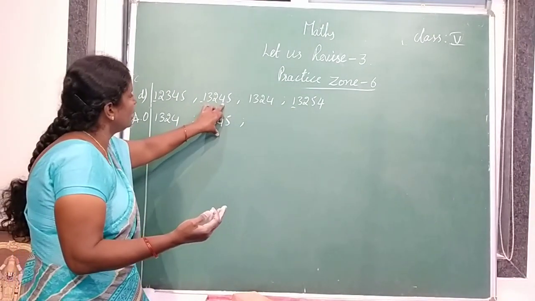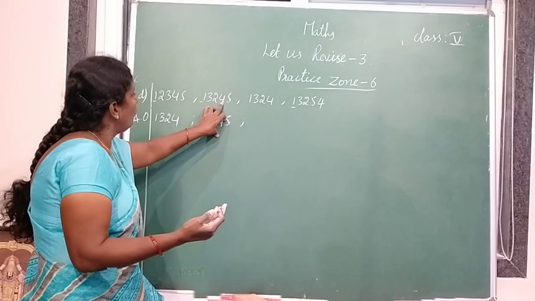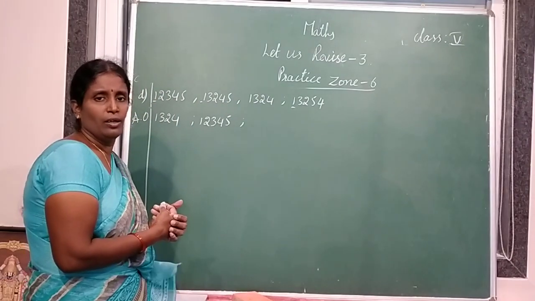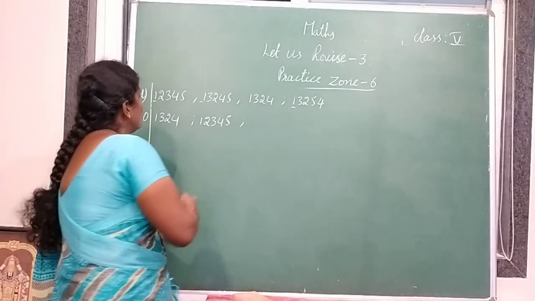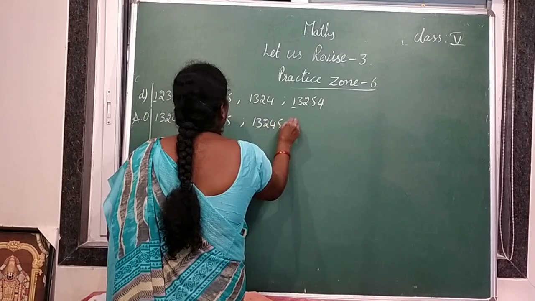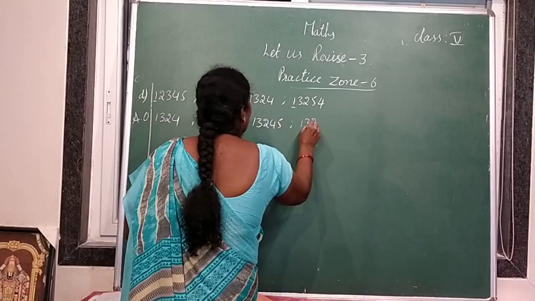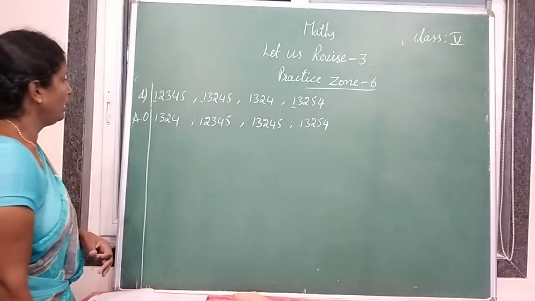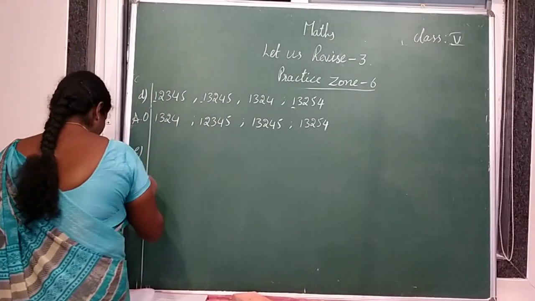So check the next digit. 4, 5. In these two, which one is smaller? 4 is smaller. So this is the next smallest, 13,245. After that, 13,254. Is it right? Yes. Next problem.